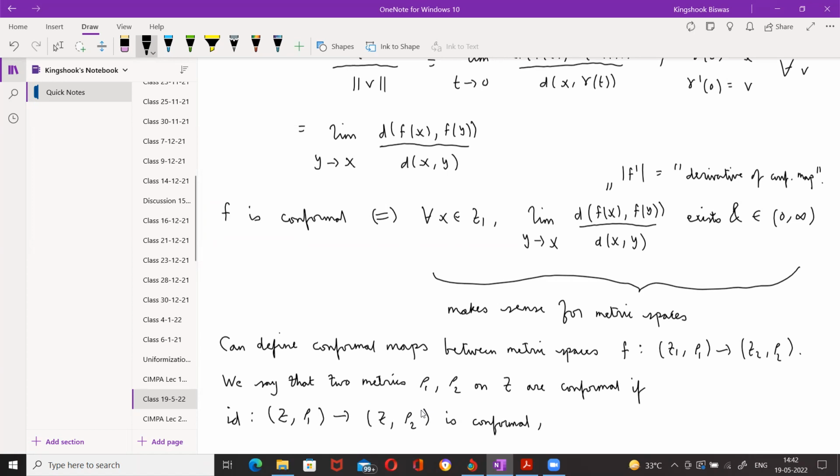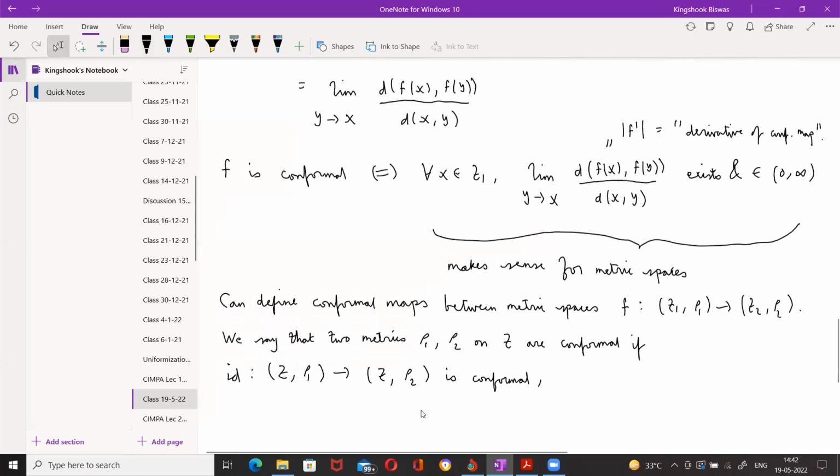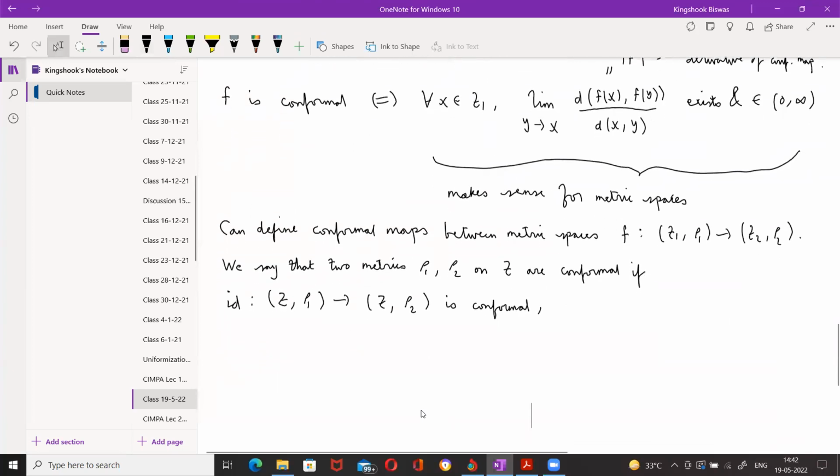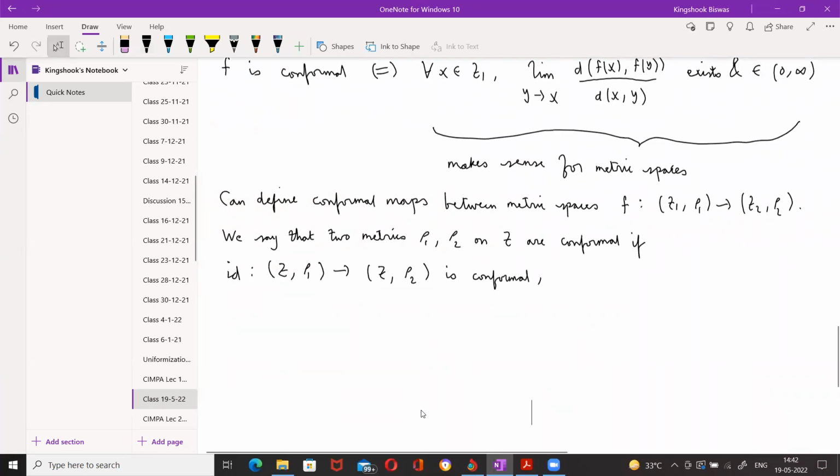Is this clear? So then that means that for all xi in Z, this limit as eta tends to xi of rho 2 of f of xi, f of eta.